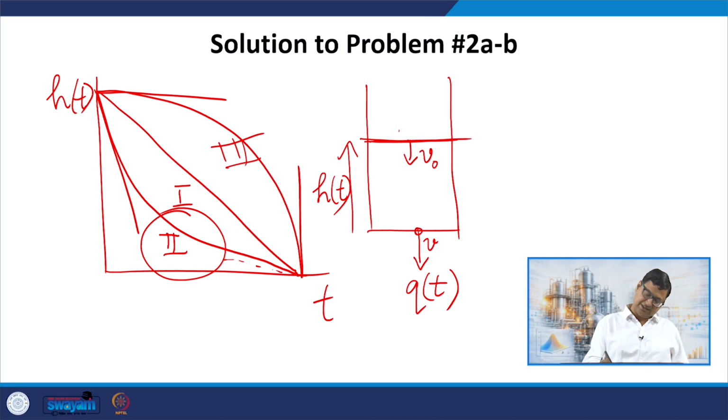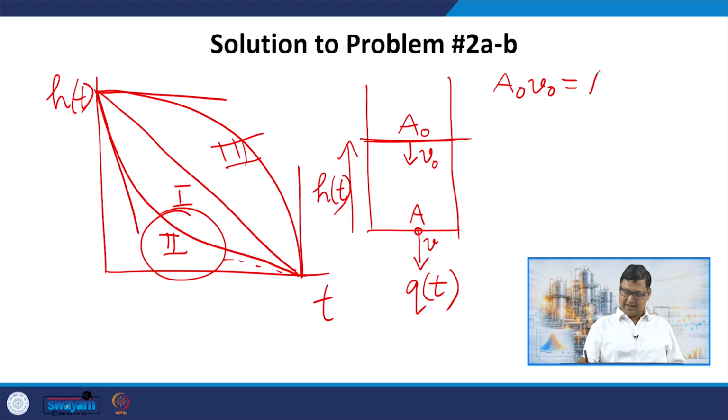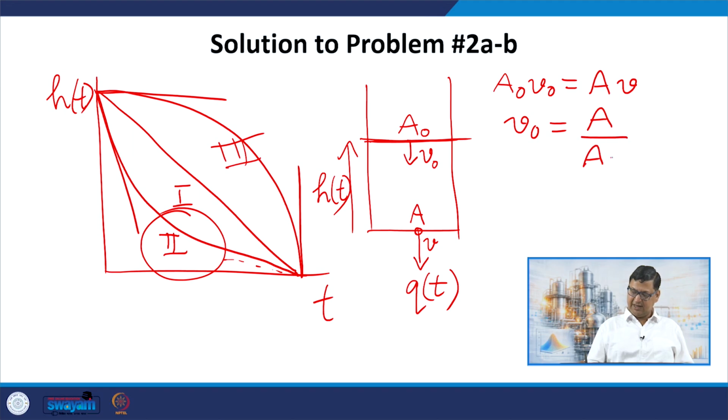So let us say there is some area of cross section A naught here and some area of cross section A here, then the net volumetric flow rate is A naught V naught at the top and A times V at the bottom through the orifice, and therefore V naught is A by A naught of V, right.